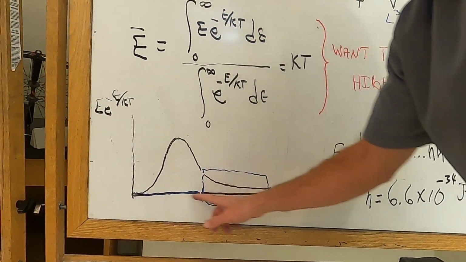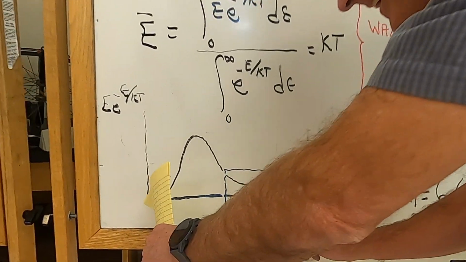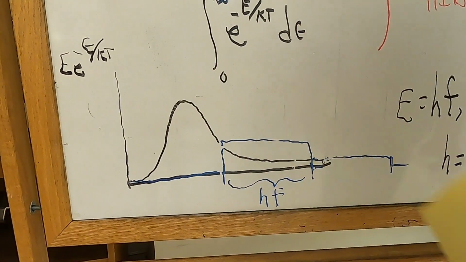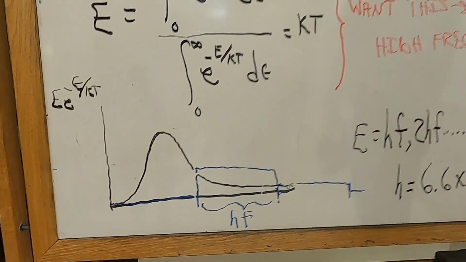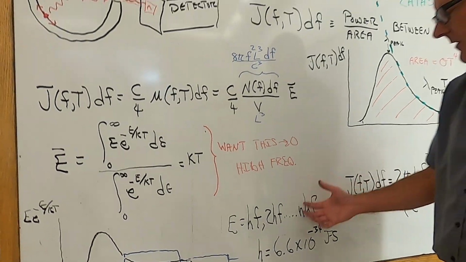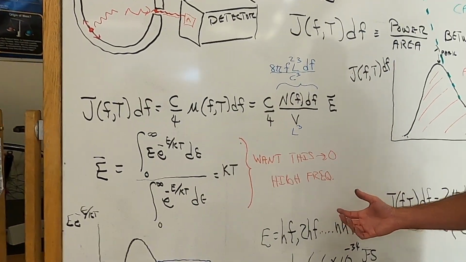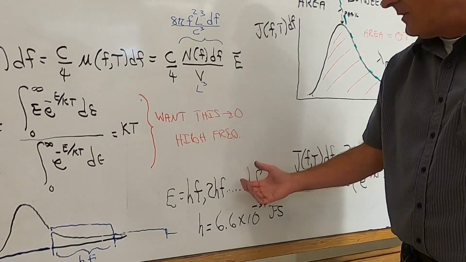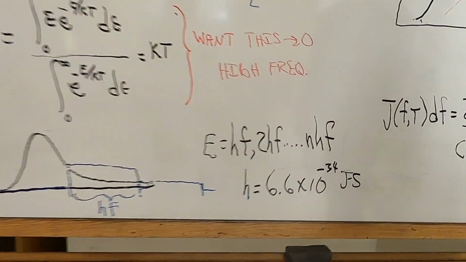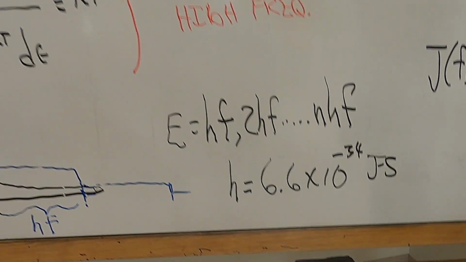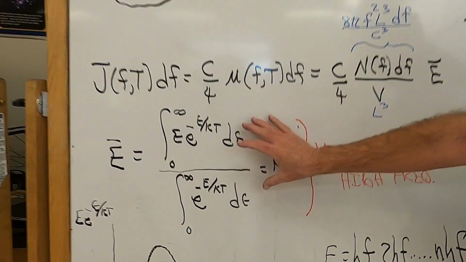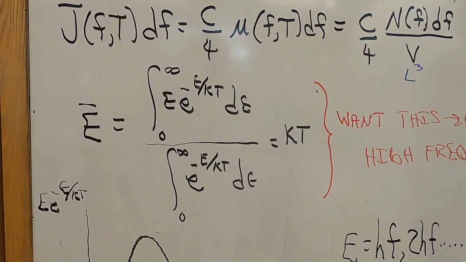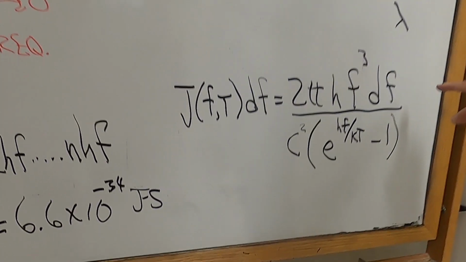If hf is even bigger and I come all the way out to here, then you're talking about an even much smaller area. So this is one way you can make the integral go to 0 at high frequencies. When you say that energy is quantized and sum it up here, so now it's a sum rather than an integral, we got this.